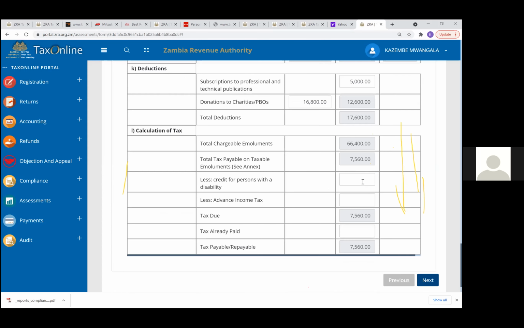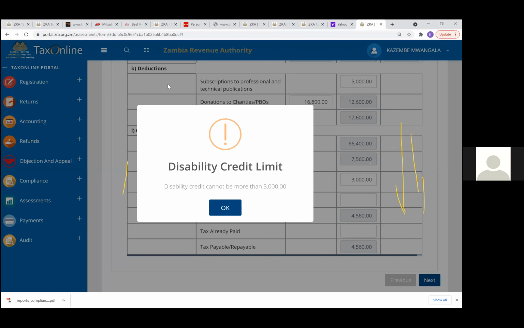And at the same time, you have a disability credit of that much. And the disability credit, by the way, the system already knows the limit. So if you put an amount more than 3,000, the system will refuse it because the system knows that for the charge year 2019, the disability credit allowable was only up to 3,000 as the limit.